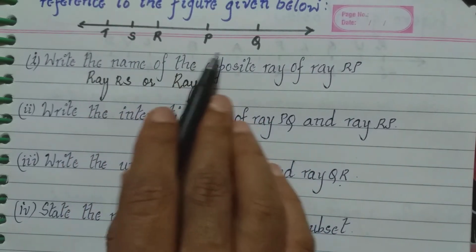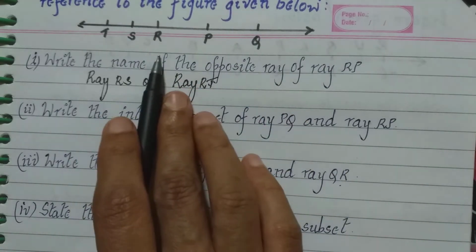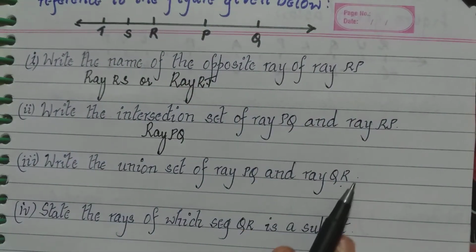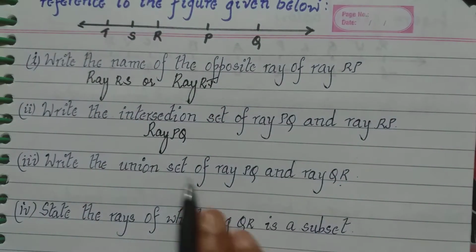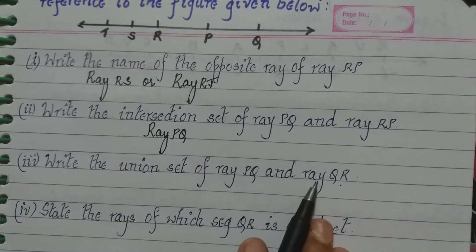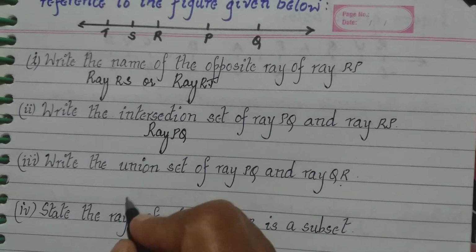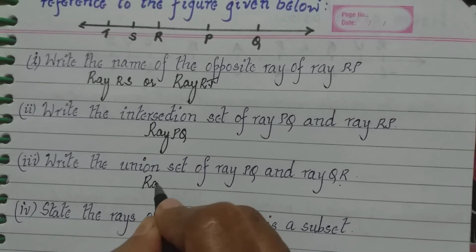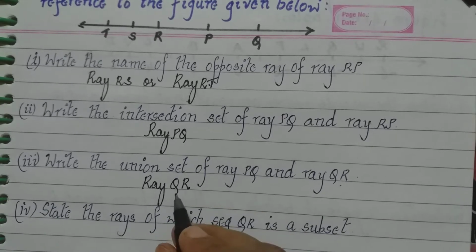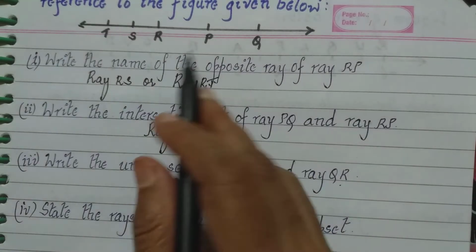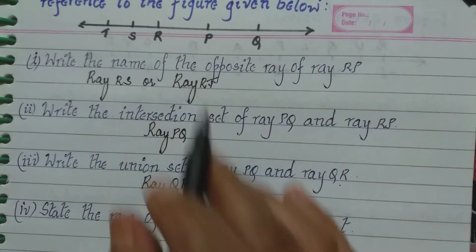So which is the bigger set here? The bigger part is ray QR. So PQ is a part of QR. Therefore the union set of ray PQ and ray QR is ray QR. In union we have to see which is the bigger one, where the smaller one is a part of it.